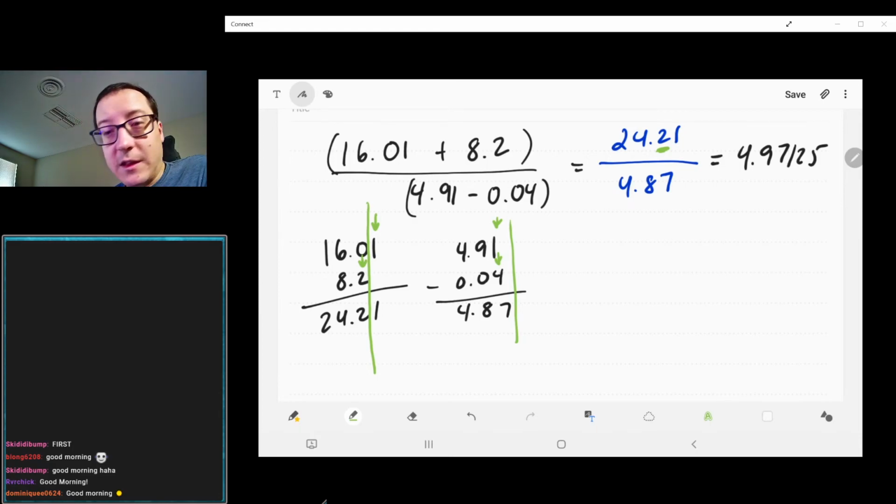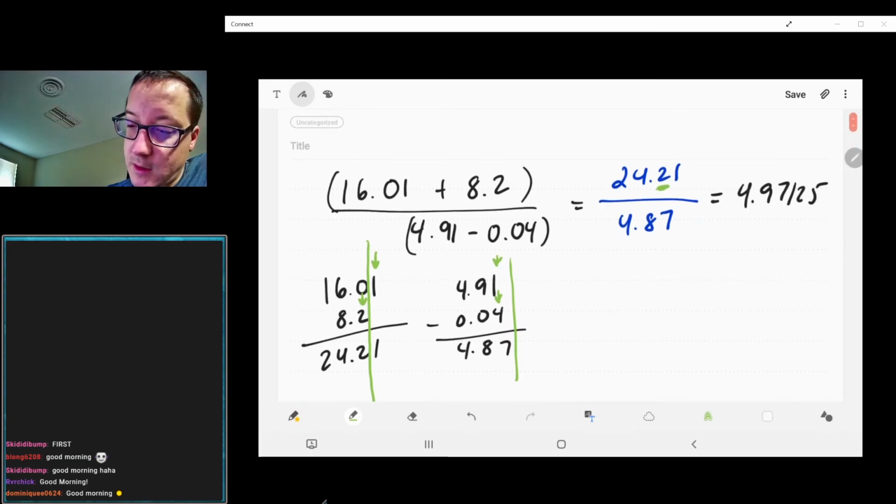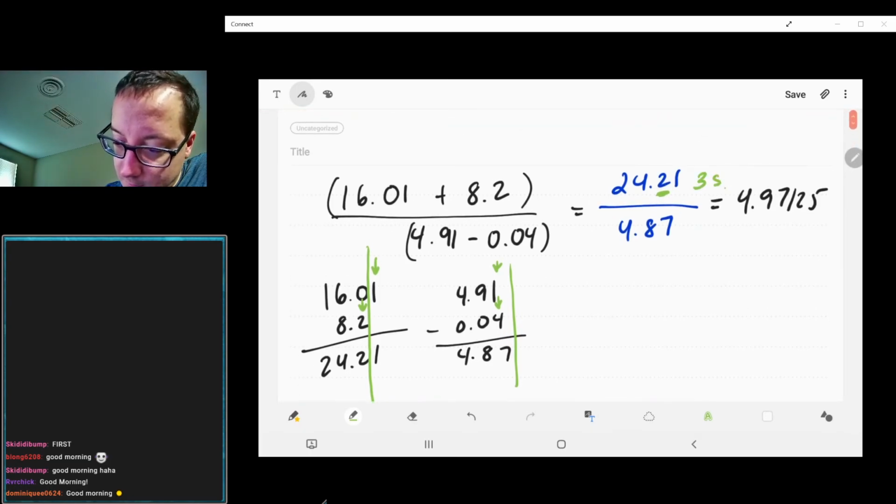Now that we've figured out the sig figs for addition and subtraction, we have to apply our rules for multiplication and division, because that's our next operation. This number on the top has 3 sig figs. Remember that 1 does not count for our sig figs, because that was technically something we would have rounded if we were done.